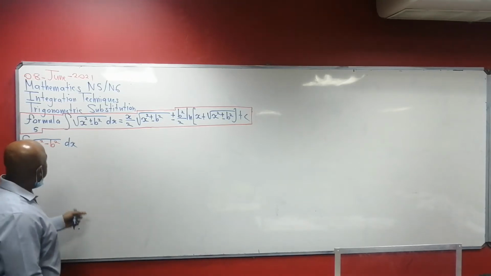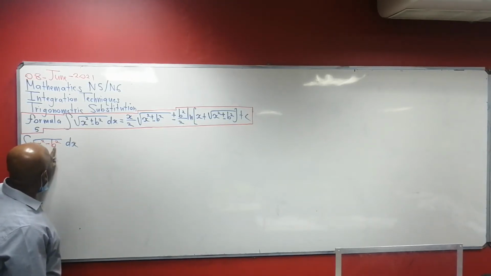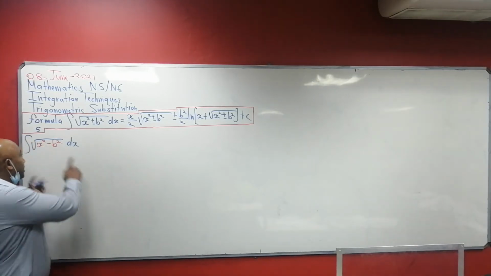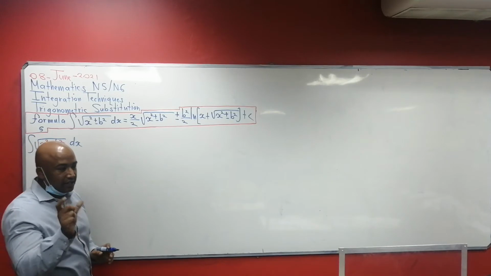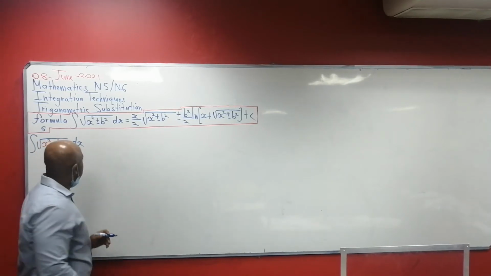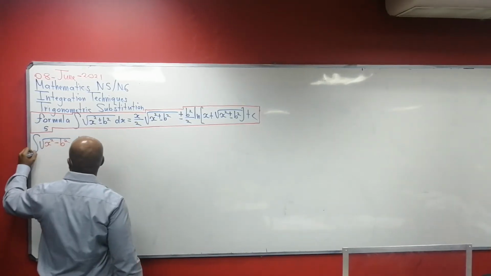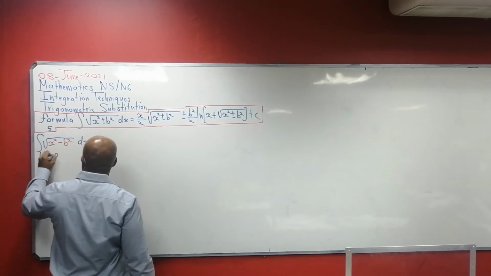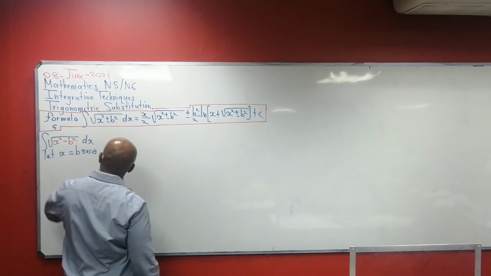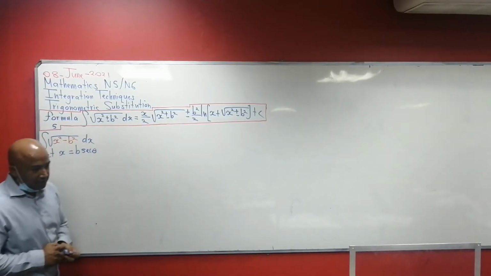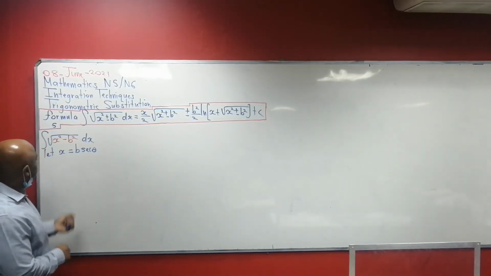Right, so here, when you see x squared minus b squared, if you got an x first and you got a minus sign, it's best to use a sec substitution. Okay, so what's going to happen here is I'm going to let x equal to b times sec of theta. Alright, so you're going to see why we do that.